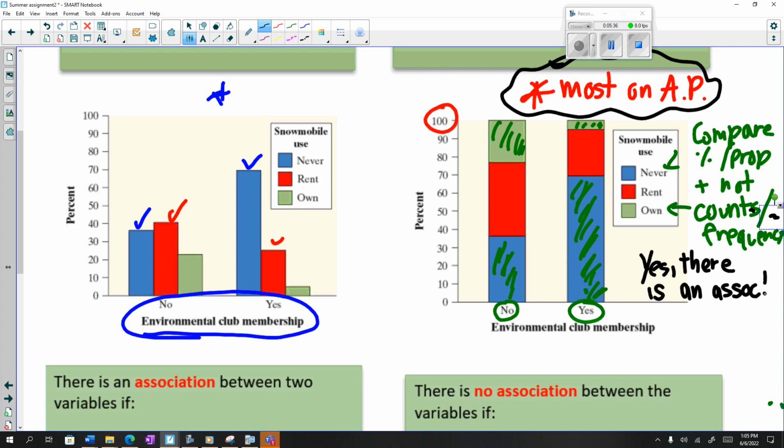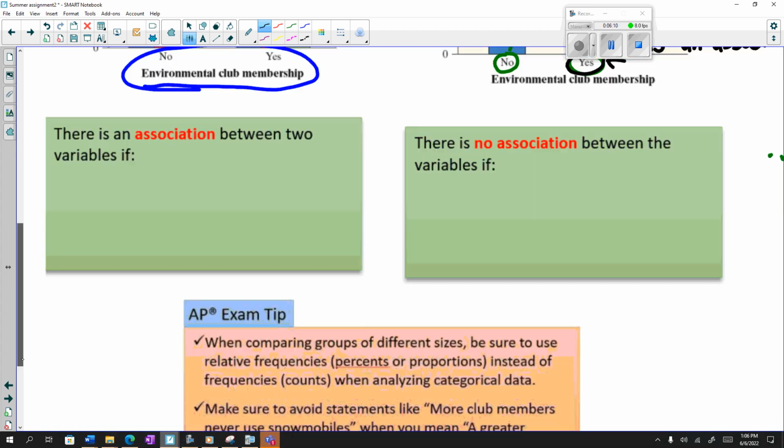Because if I know that the person was a member of the environmental club, they are more likely to not have ever used a snowmobile over those who are not a member. And if I know the person is not a member of the environmental club, they are more likely to own a snowmobile over those who are a member. So having knowledge of knowing that they were a member of the environmental club does impact the percent of snowmobile use.